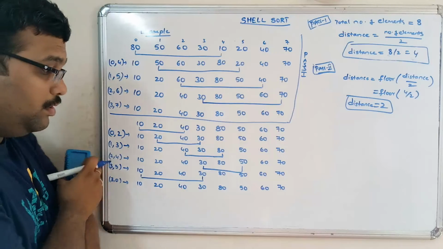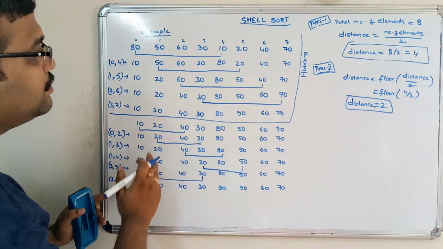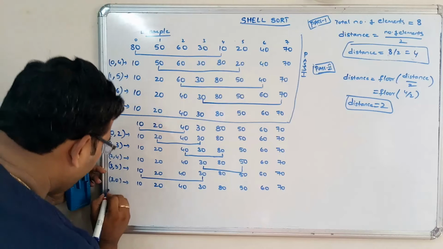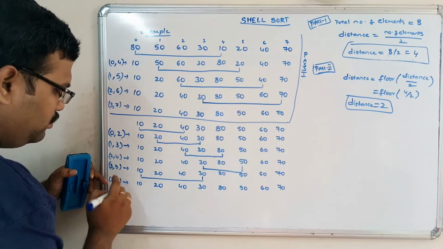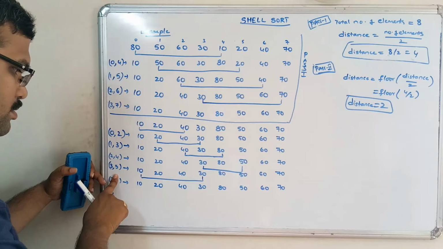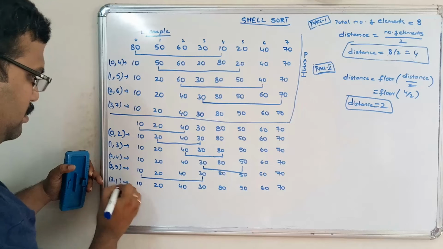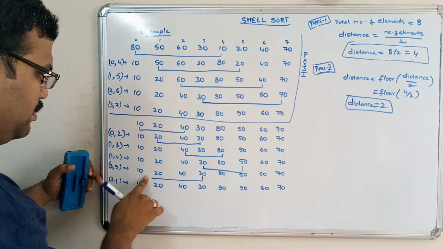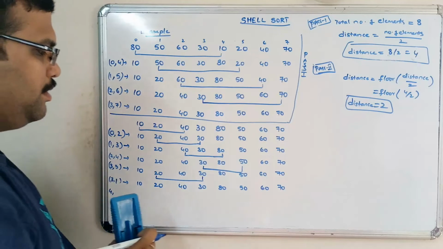Next move the index to the next one, that is 4 to 3 to 1.